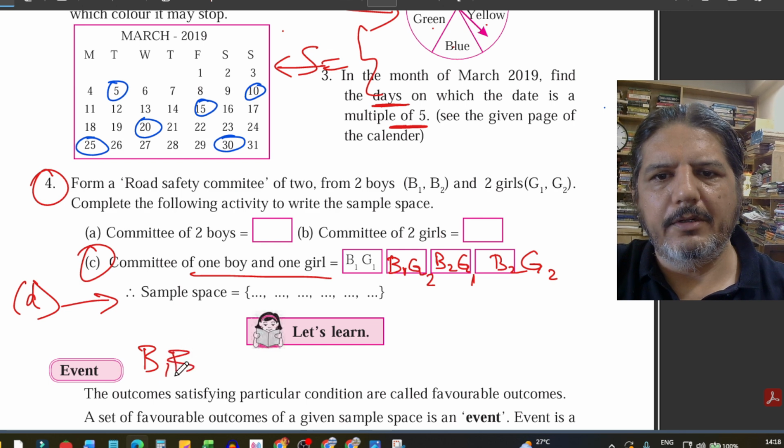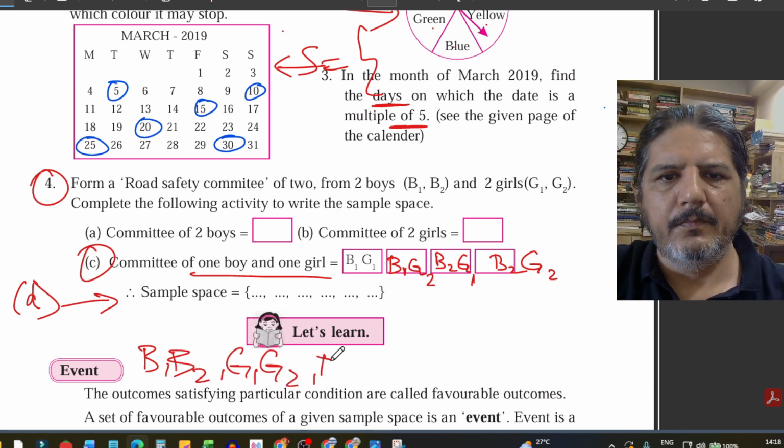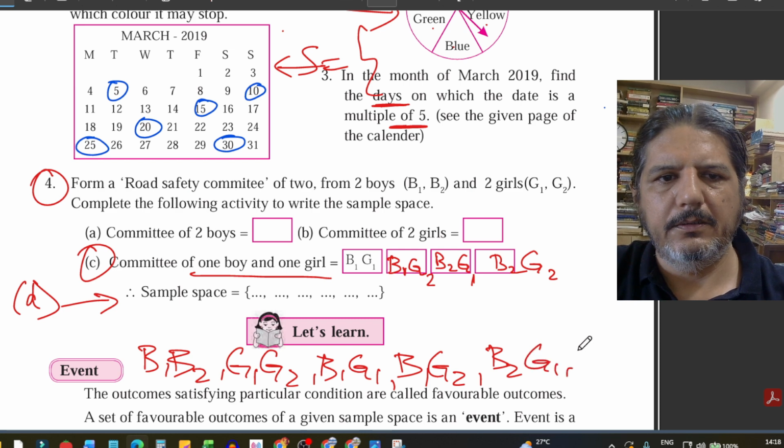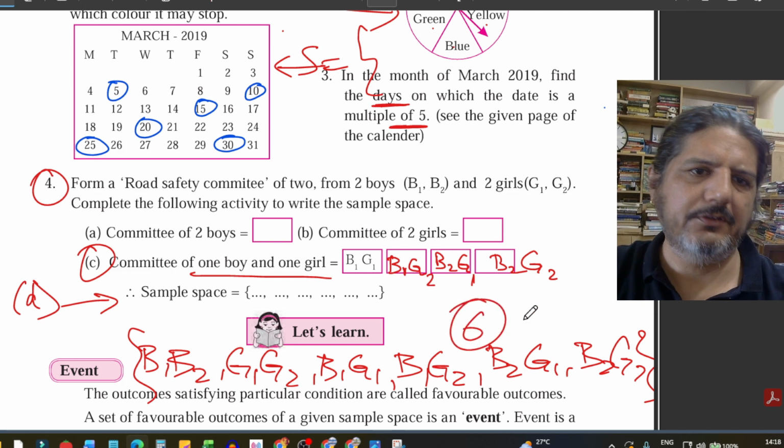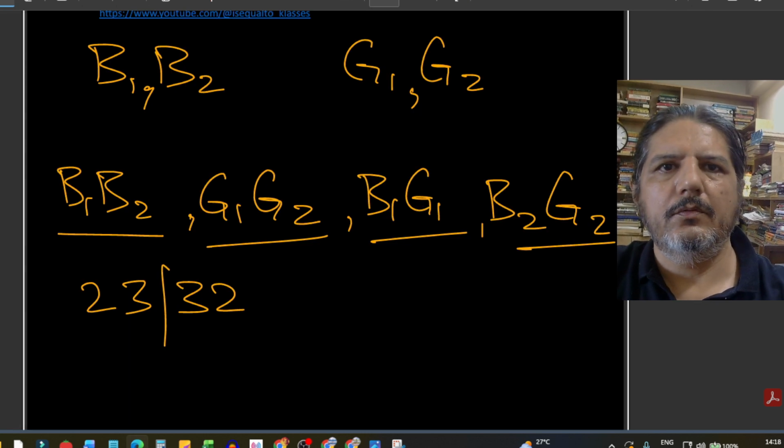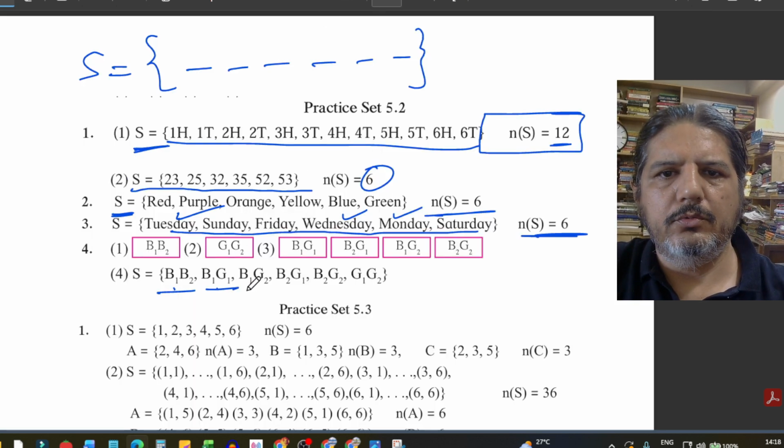So you will form B1, B2, G1, G2, B1, G1, B1, G2, B2, G1, B2, G2. So here you will include all these. So this will be 6. So this will be 1, 2, 3, 4, 5, 6.